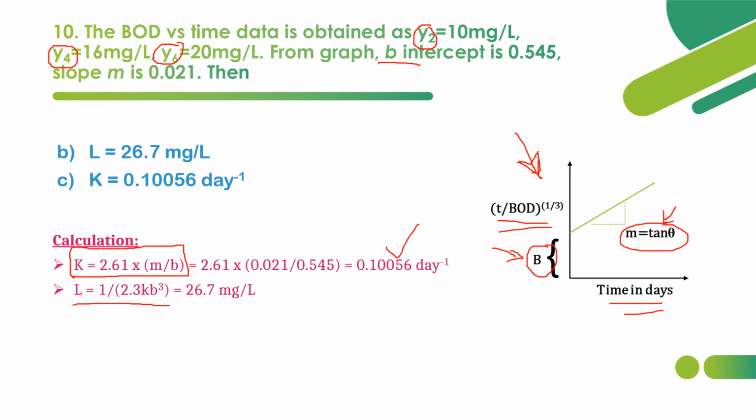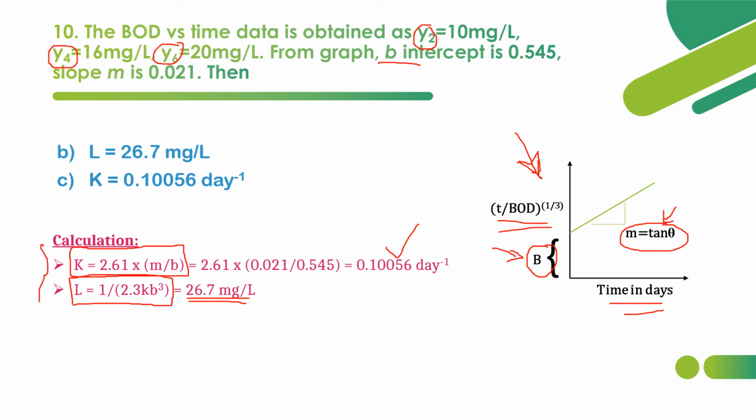And in case of ultimate BOD, this formula has to be used: L is equal to 1 by 2.3 K B cube. So K we have found as 0.10056 per day. B is 0.545. By substituting these two values in this formula, we get the answer as 26.27 milligram per liter for ultimate BOD, that is denoted by L or L naught.